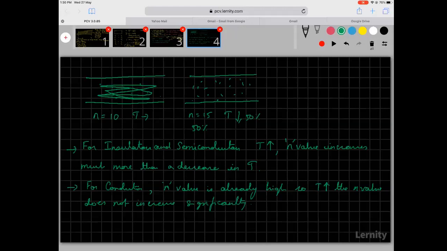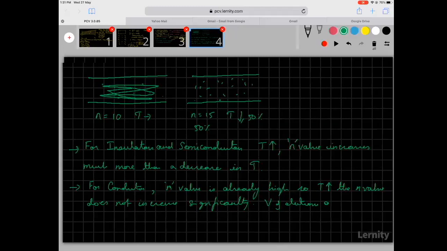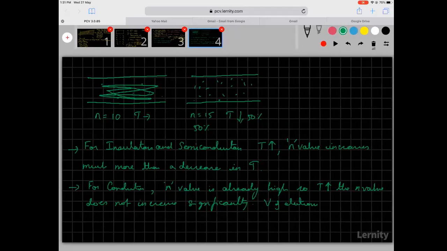But what happens is the velocity of electrons increases. So the tau value decreases significantly.